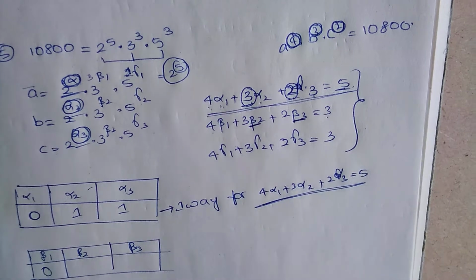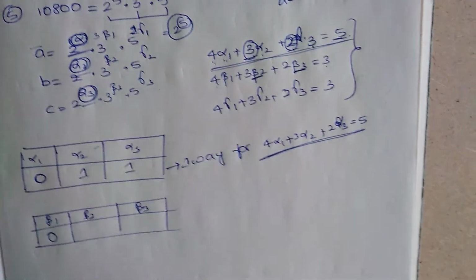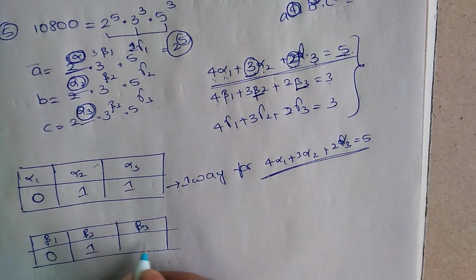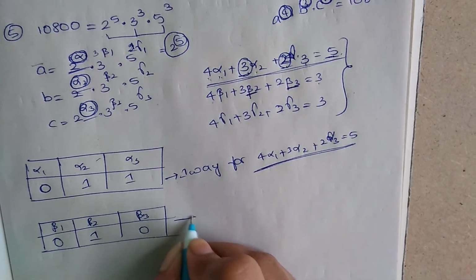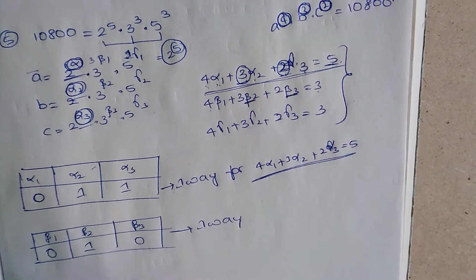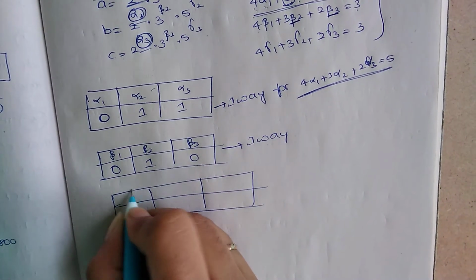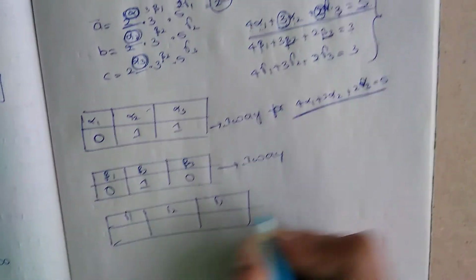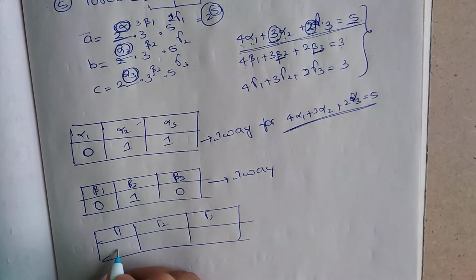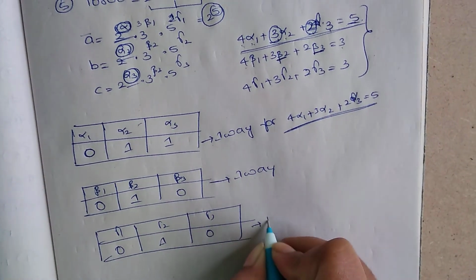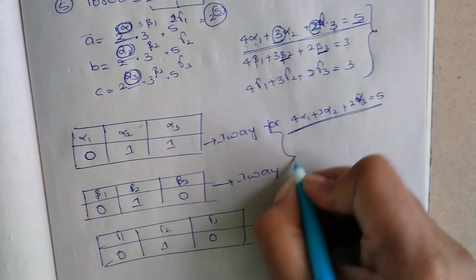Are you all getting it? Yes or no? 0, 1, 0. In the same way, gamma 1, gamma 2, gamma 3. For this to be 3, again 0, 1, 0. One way. Now multiply all these ways.